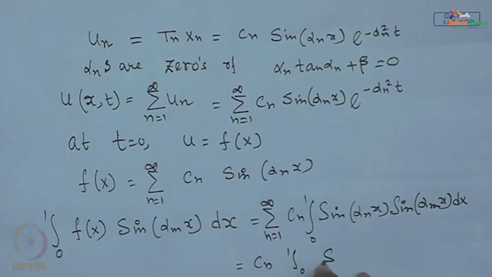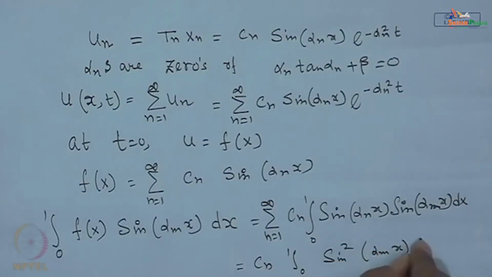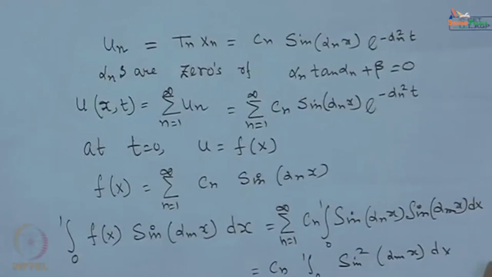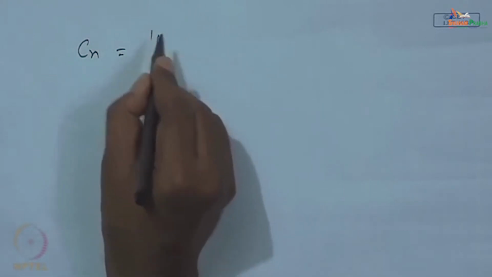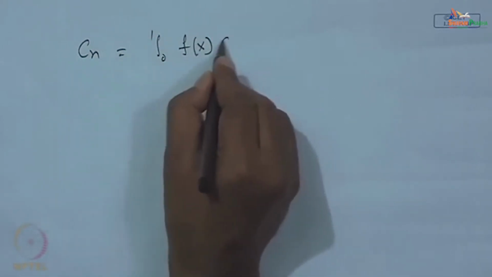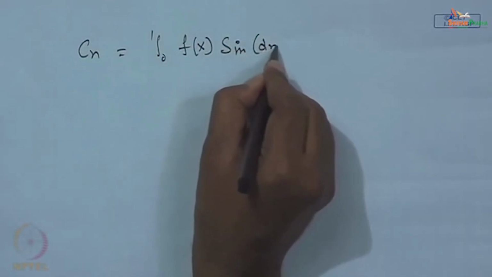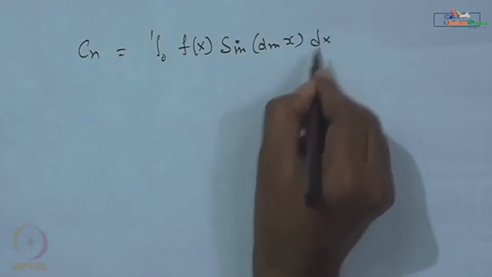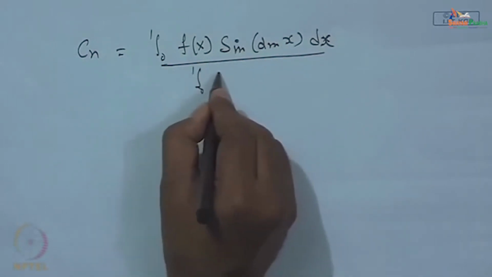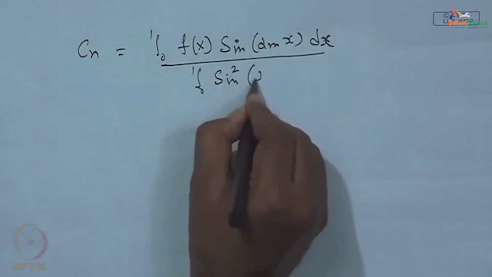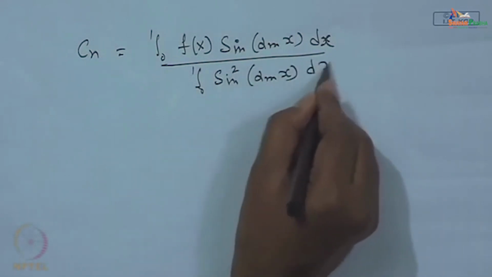So, the integral from 0 to 1 of sin square alpha_m x dx. Now, let us solve this problem. So, what is C_n? C_n is nothing but the integral from 0 to 1 of f(x) sin(alpha_m x) dx divided by the integral from 0 to 1 of sin square alpha_m x dx.